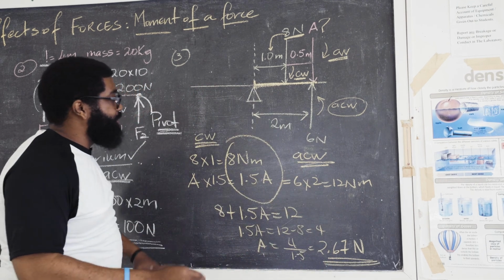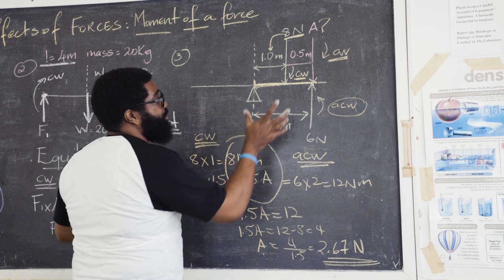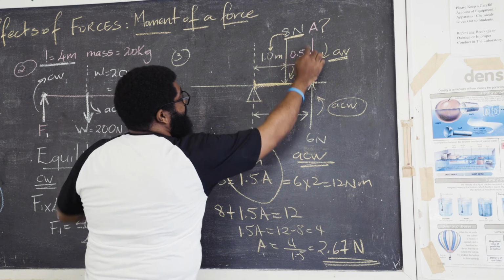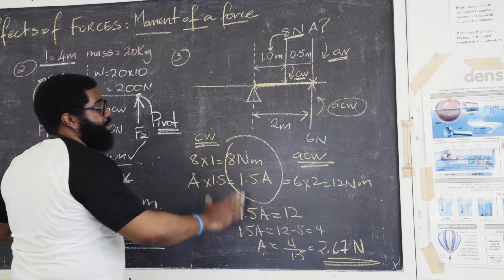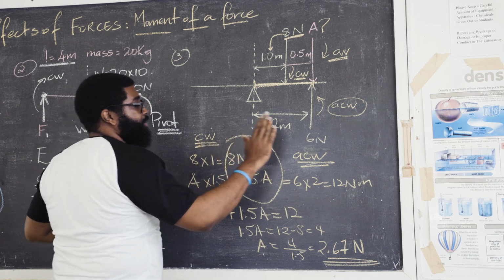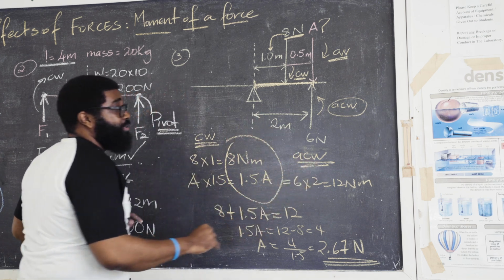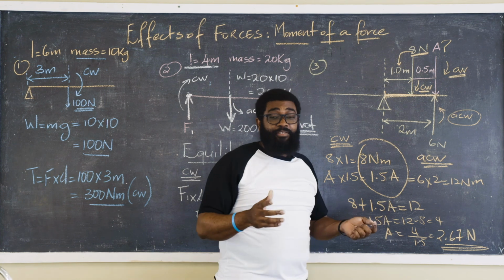Again, we did this because we remember two things. This force is this distance from the pivot, and if this system is in equilibrium, your clockwise moments would be equal to your anti-clockwise moments. So, that's it for today.